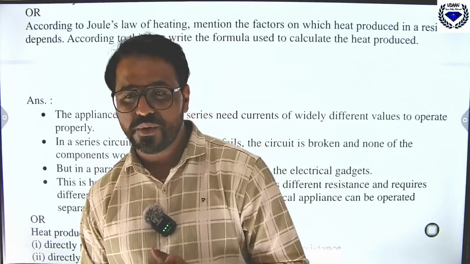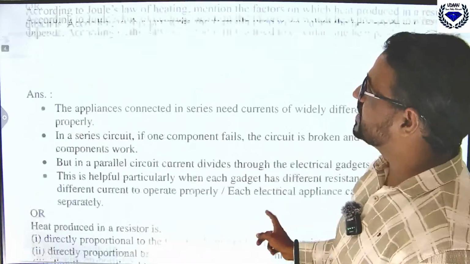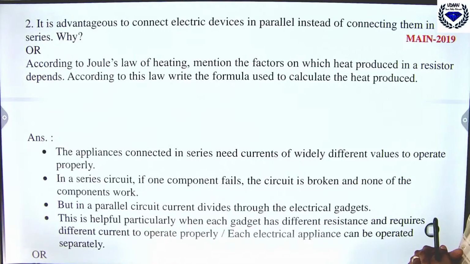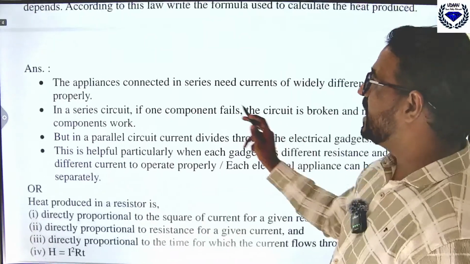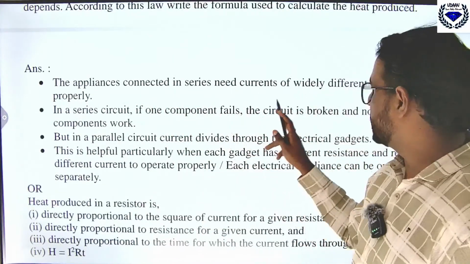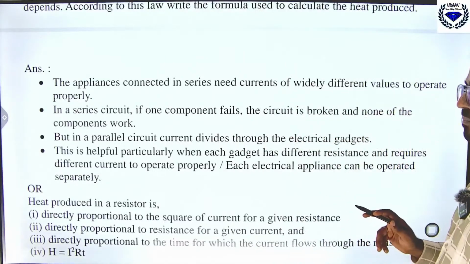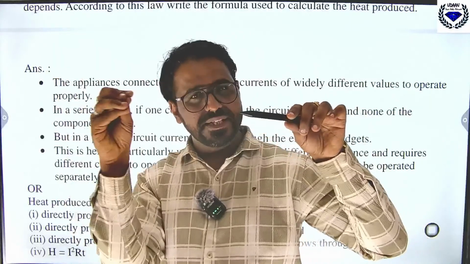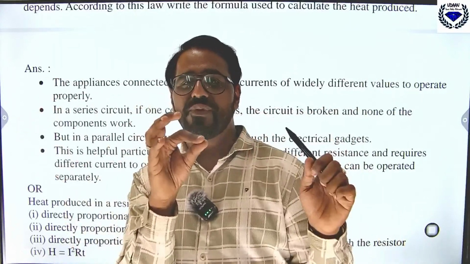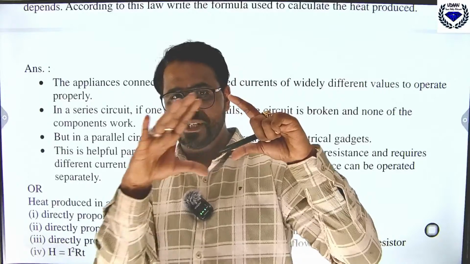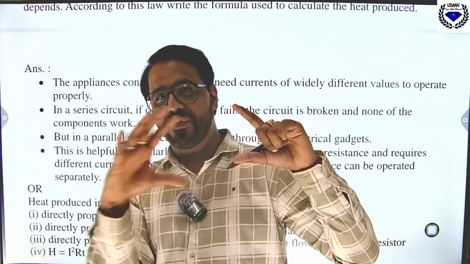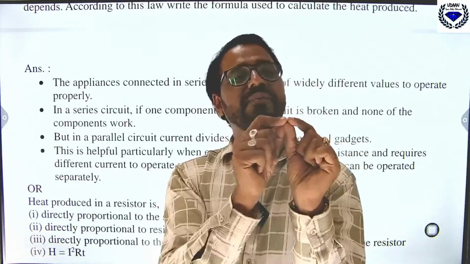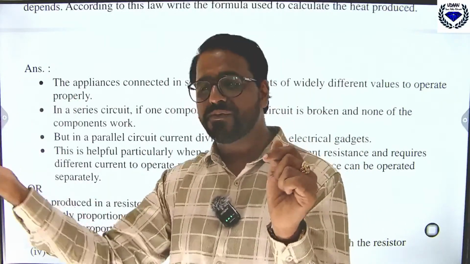Okay. So now coming to the answer. Is it advantageous to connect electrical devices in parallel instead of connecting them in series? Why? See, the appliances connected in series need current of widely different values to operate. If you connect all the things in series, if one component fails, suppose you have Christmas lights or fairy lights, which are used in Deepavali and other festivals, if one of the bulbs gets damaged, the remaining bulbs will not work.